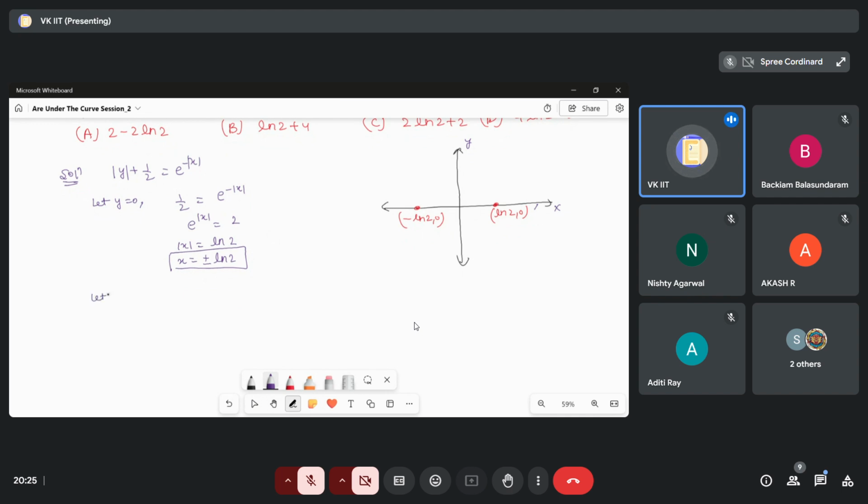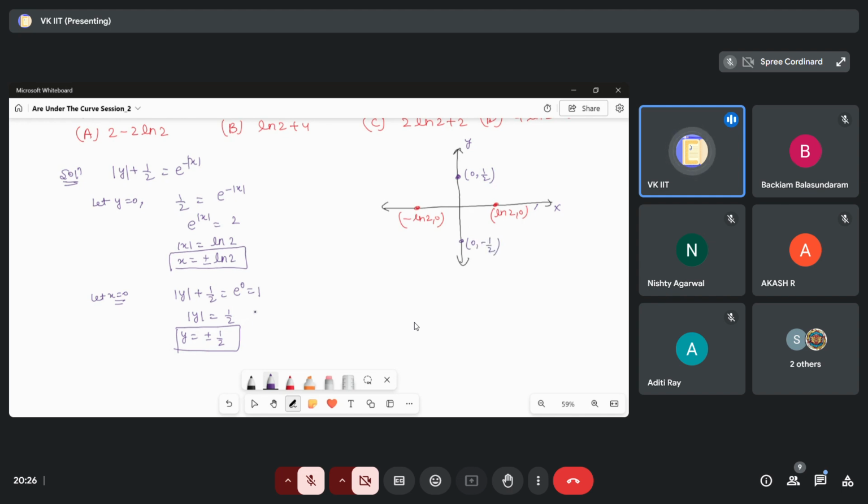Okay, so this is the point, and now we'll find out the y value also. Let's put x equal to 0 this time. When you put x equal to 0, you'll get e to the power 0, that is 1, and mod y will be equal to 1 minus 1 by 2, that is 1 by 2. So the y value will be plus minus 1 by 2. So we got the points now. This is the point 0 comma 1 by 2, and this is the point 0 comma minus 1 by 2.